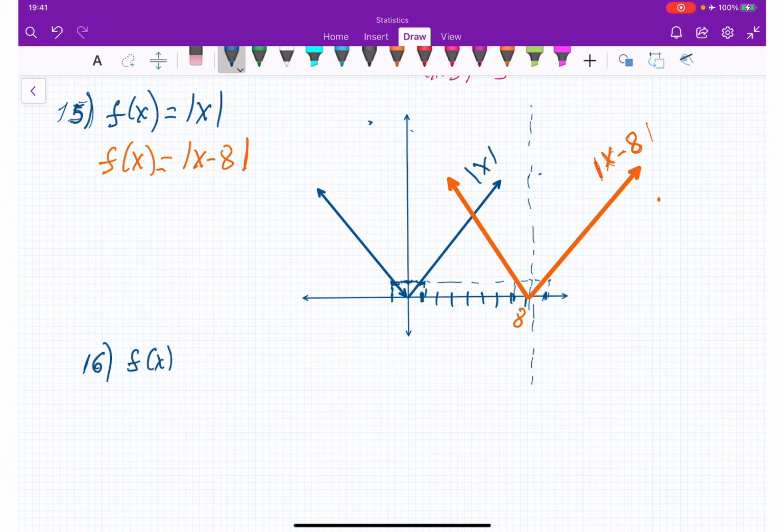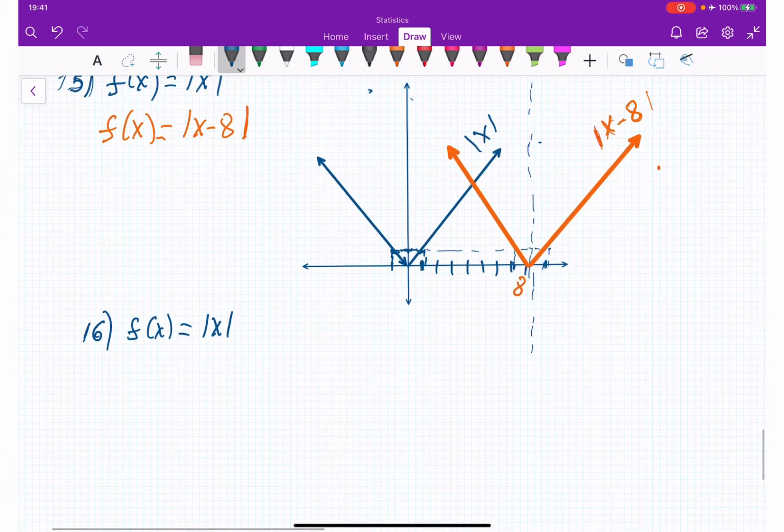Given f of x is equal absolute value of x. But in this case, we need to build g of x is equal absolute value x plus 4 minus 7.